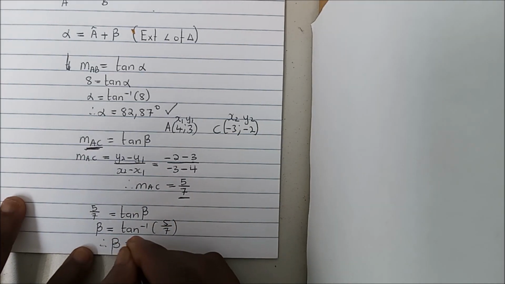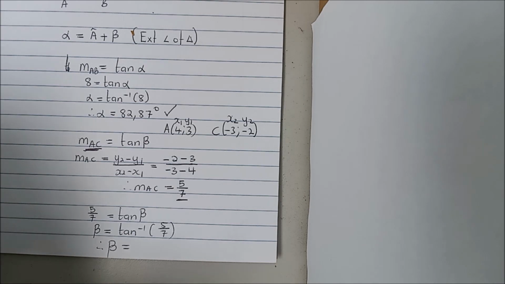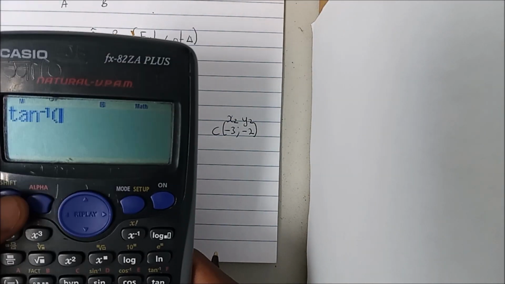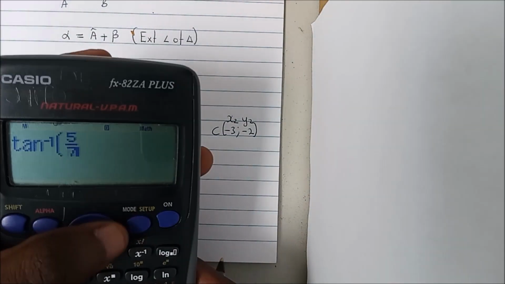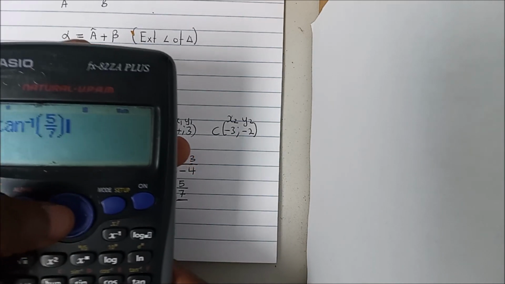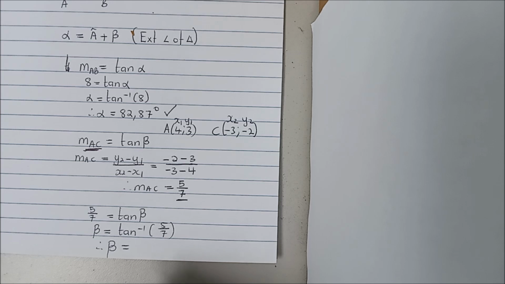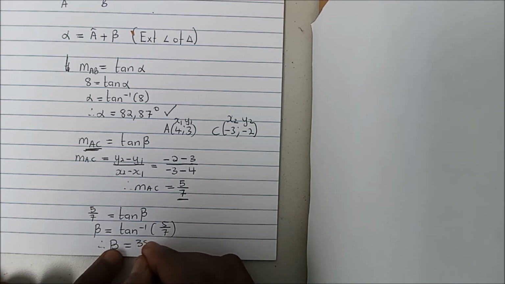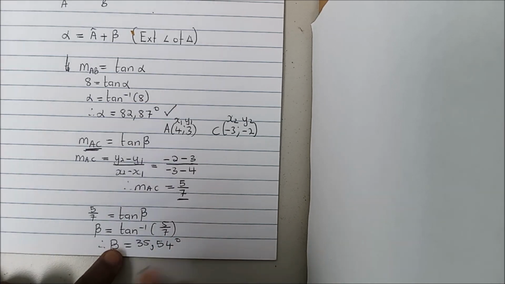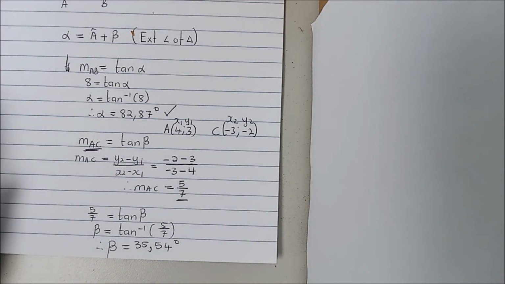If you put that in your calculator, arctan 5/7, that's going to be 35.54 degrees. So now we go back.